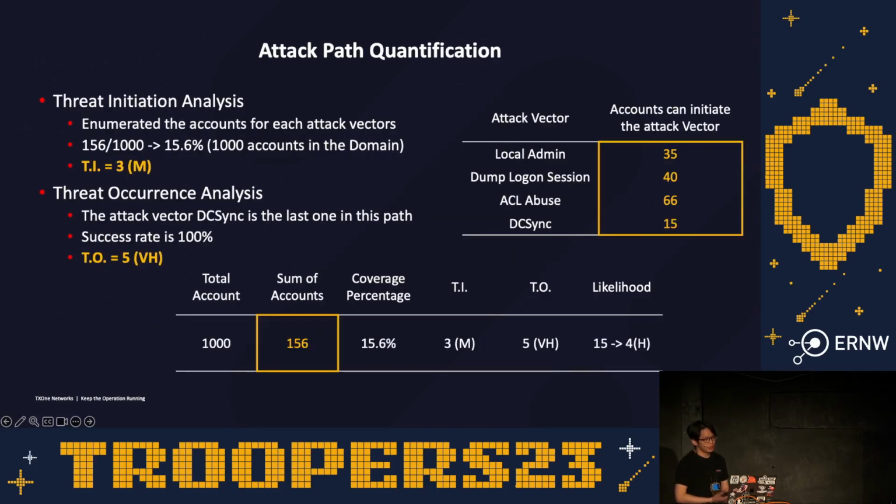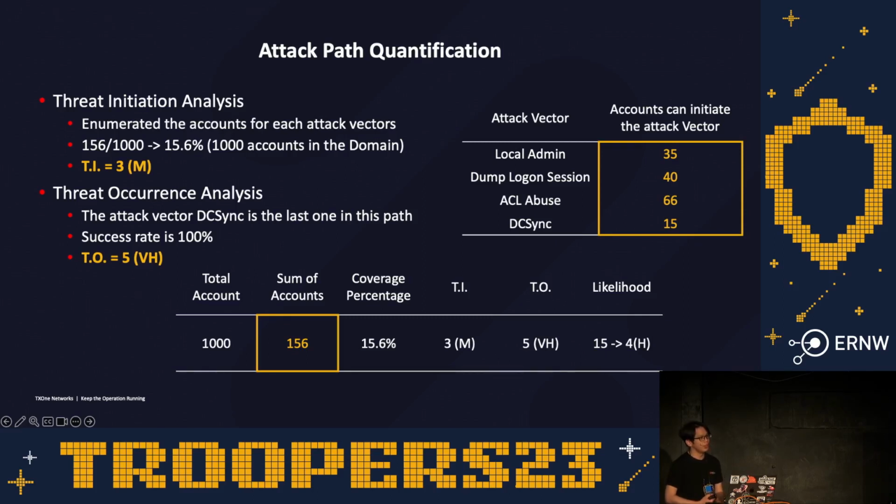So here we're seeing an example of how we analyze and do the risk quantification. First we have the threat initiation analysis. In this attack path, we enumerated each attack vector for the accounts that can initiate them, and we found that the sum of the total accounts is 156.